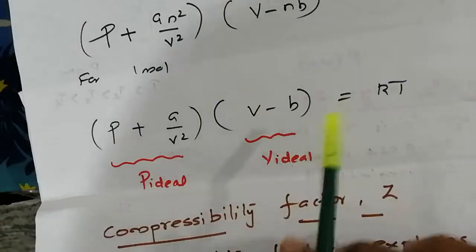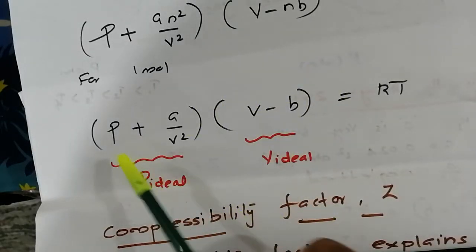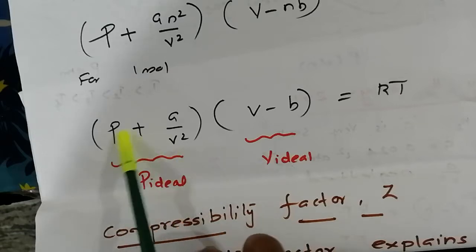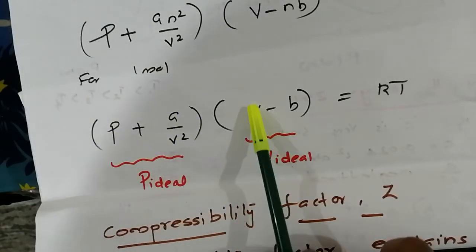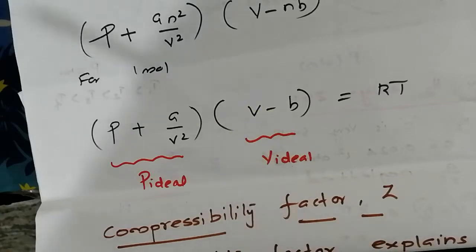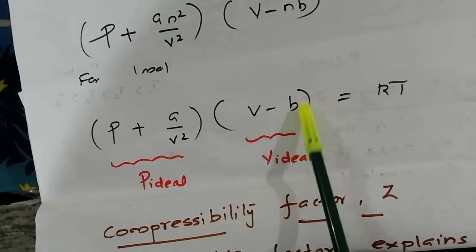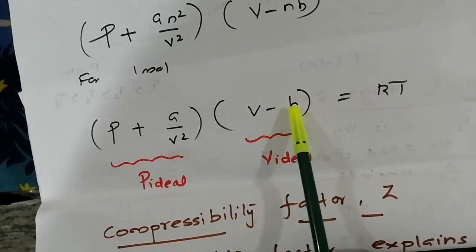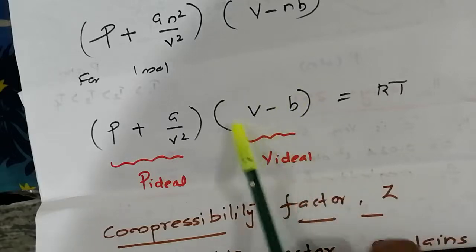RT. Therefore, V ideal from the real gas equation is V minus b. P ideal is P plus a by V square. Therefore, this P is the real pressure. What is this V? V is the container volume. What is b? Volume blocked by the sheer presence of 1 mole of gas molecules. Therefore, what is V minus b?